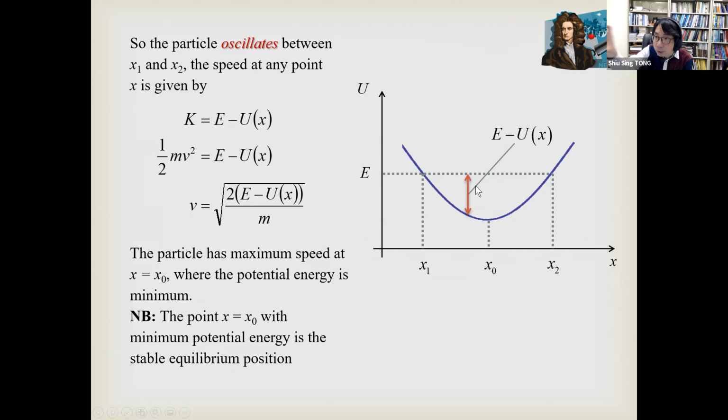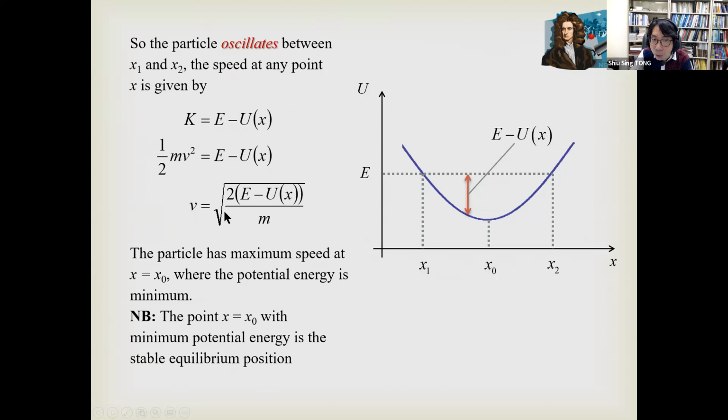The difference between the total energy and the potential energy is this distance, this energy difference. So you can see V is proportional to the square root of this energy difference. That means if E minus U is larger, you have a larger velocity. It's simple.